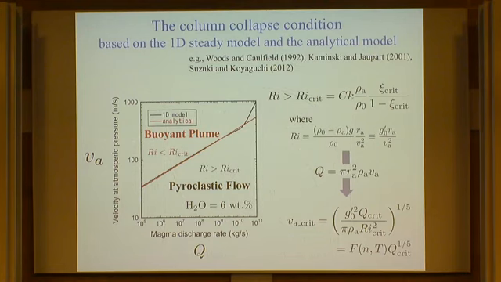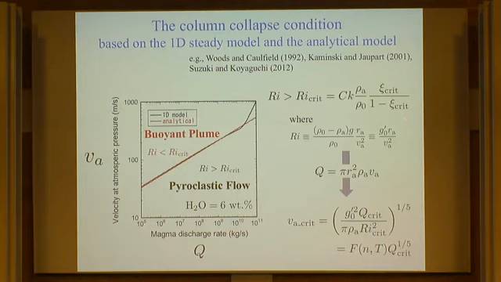So that effect can be expressed by the so-called Richardson number. After some calculations, we can get a critical Richardson number in this form, in which the effect of mixing is taken into account: K, the entrainment coefficient, and the critical mass fraction of ejected material at the time the density of the eruption cloud is equal to ambient air.